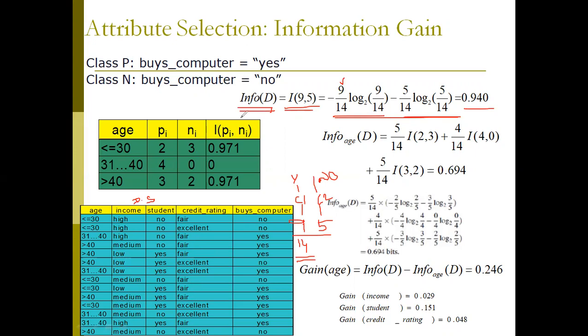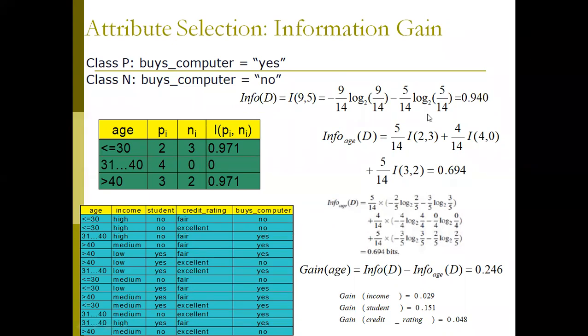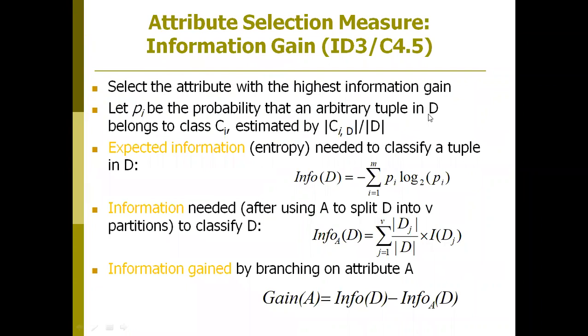This is also called the information gain for the data set, that is 0.940. Clear?